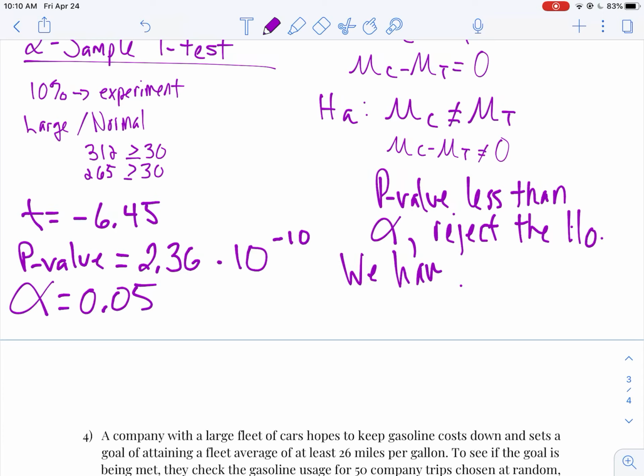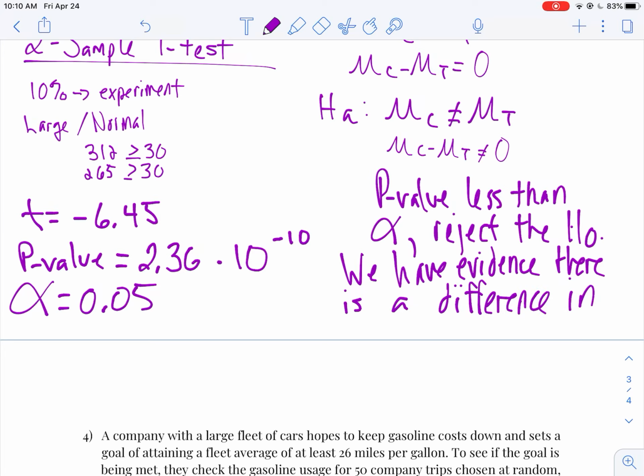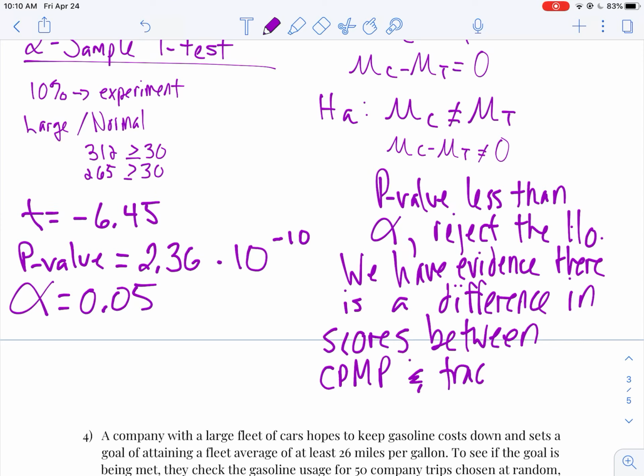We have evidence. There is a difference in scores between CPMP and traditional students.